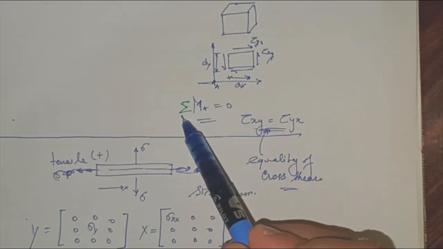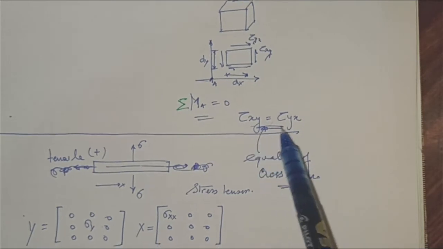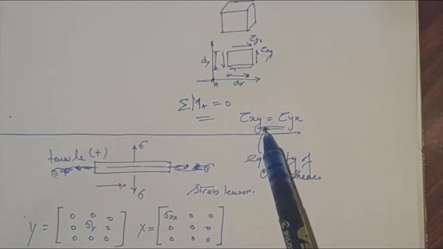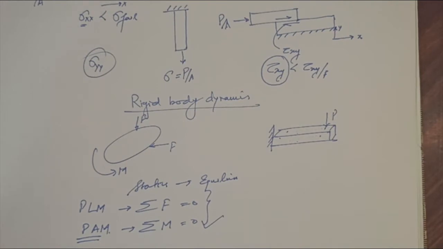We take the summation of all the moments equal to 0. When we do this, the stress tensor becomes symmetric. So now our stress tensor is symmetric. That means the principle of angular momentum is already satisfied. So what do I need to do more? I need to satisfy the principle of linear momentum.